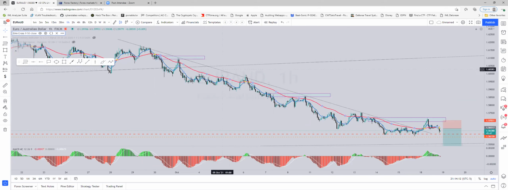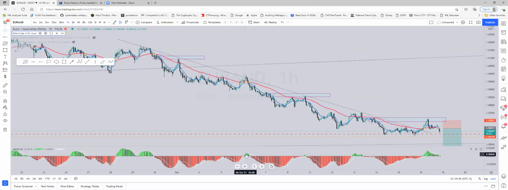Also, remember I said the 50 is red and the blue is 9. If the red is on top, that means it's currently selling, as you can see. Once the blue crosses over the red, it means it's going into a buy. Also, what you're looking for, like right here, see how the blue crossed back over and the red is on top?